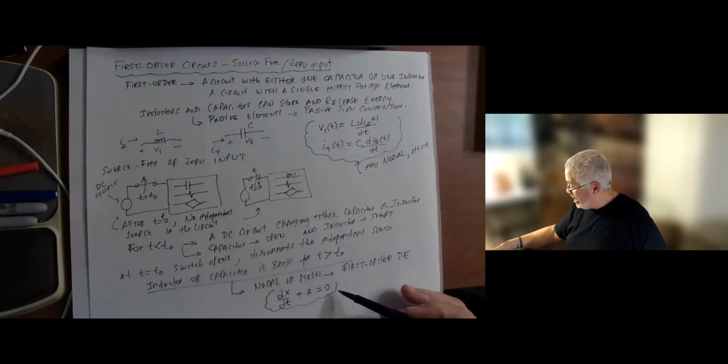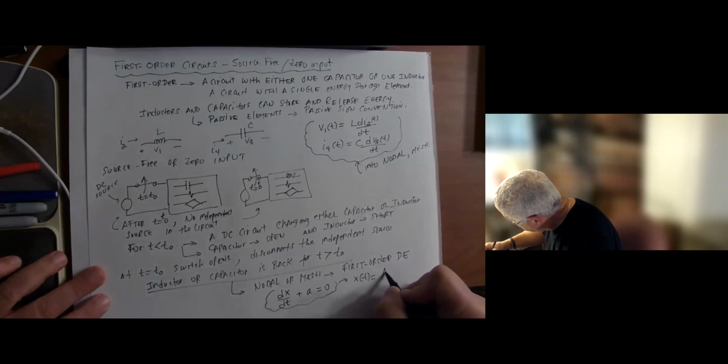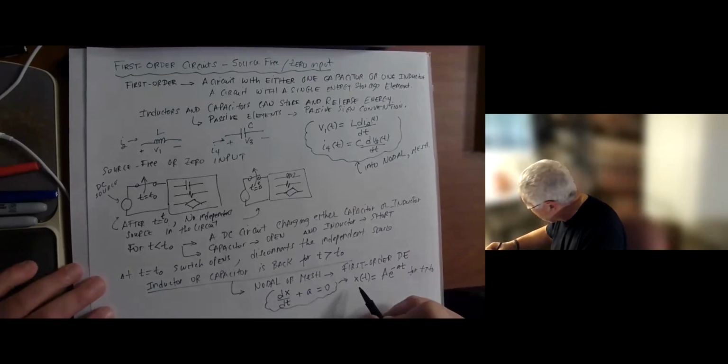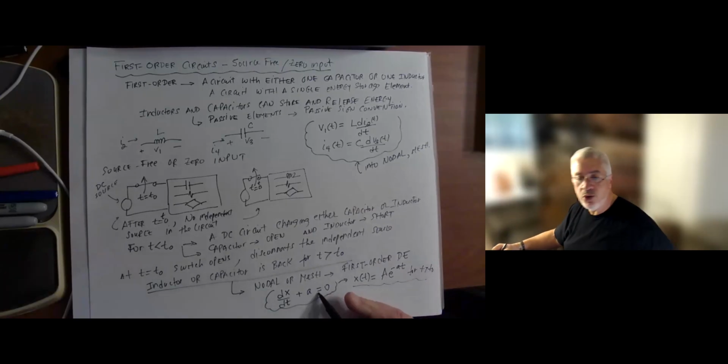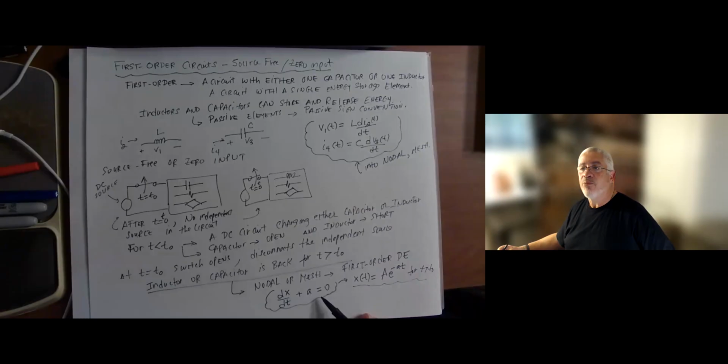So we can now write the solution as x of t equals some constant A e to the minus a t, for t greater than T naught. That's what I want you to be able to do once you come up with a differential equation using nodal or mesh, and we're going to practice that today with another problem.